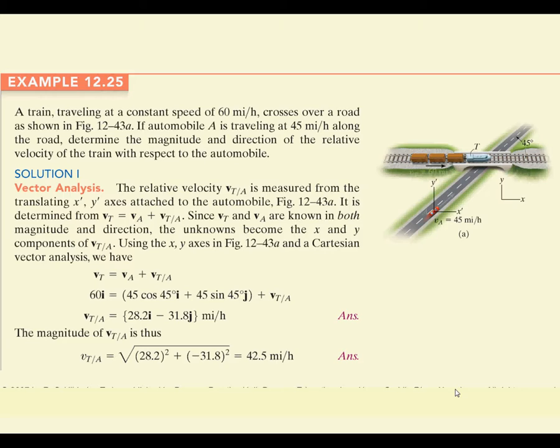Okay, so v of t in this case is velocity of a plus velocity of t with respect to a. So you have the velocity of t with respect to a. This is to get the magnitude of that vector, but the vector itself would be here.